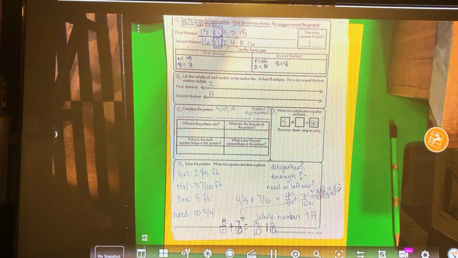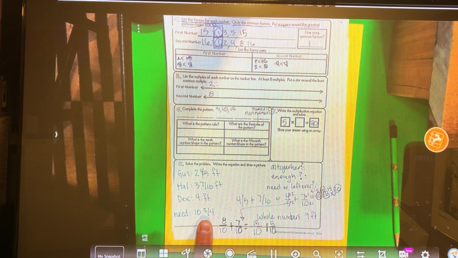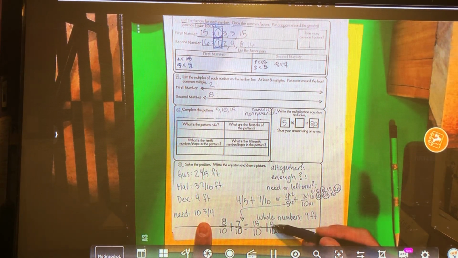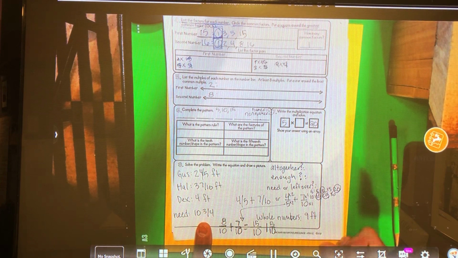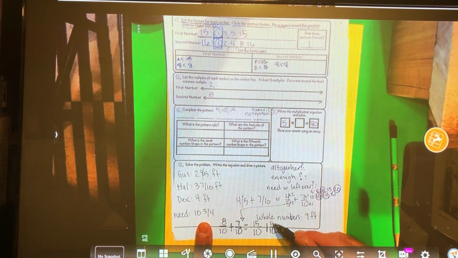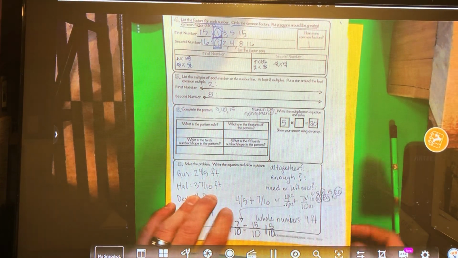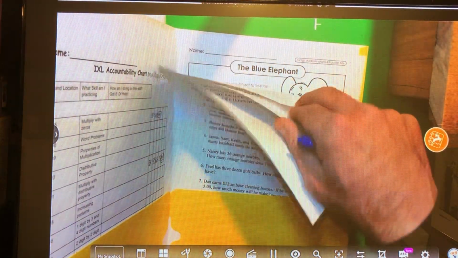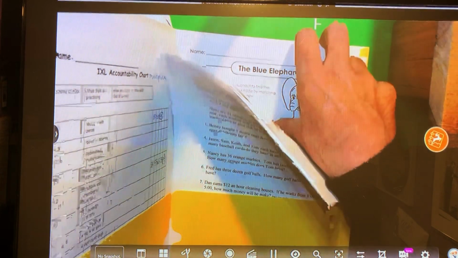We need 1 3/4. Okay? Now, I know that 5/10 is equivalent to 1/2 because 5 is half of 10. Also, I could figure out that 5/10 is equivalent to 1/2 by looking at my fraction strips.